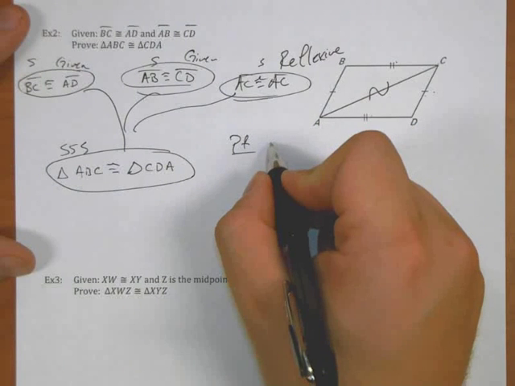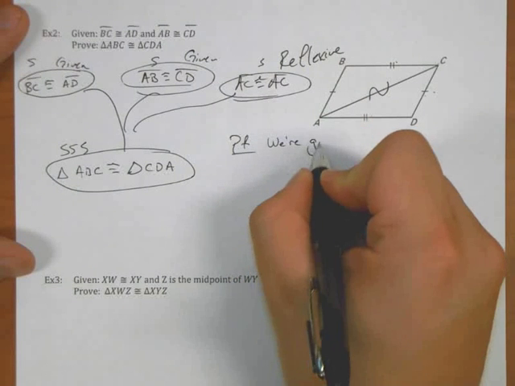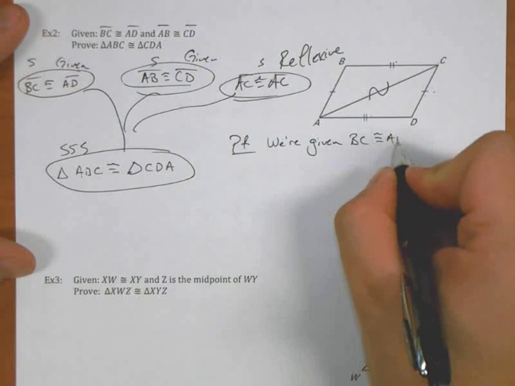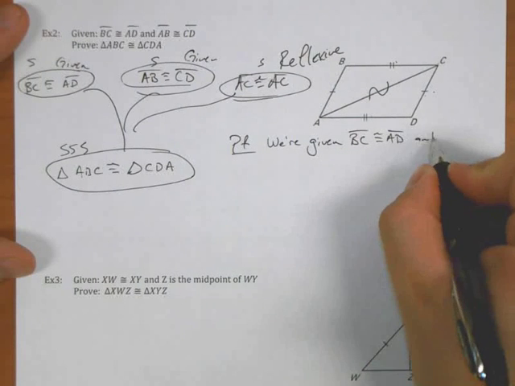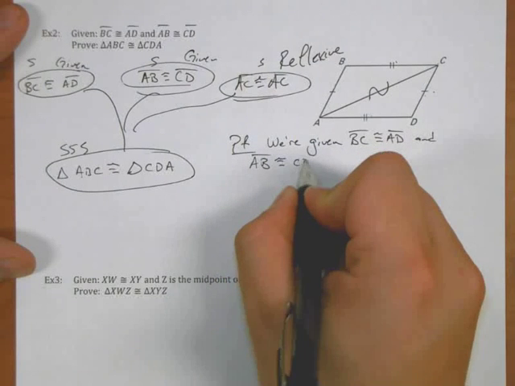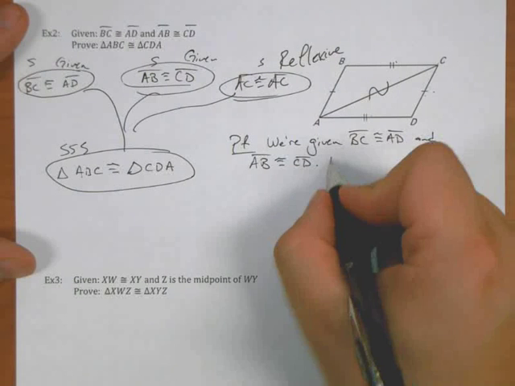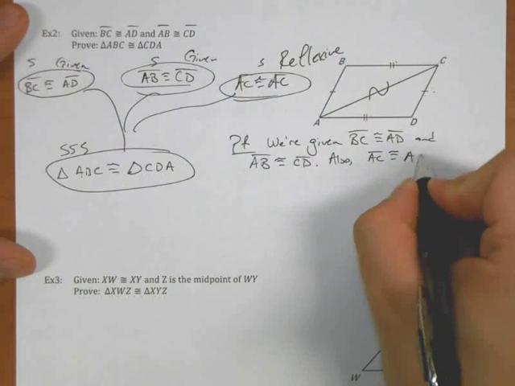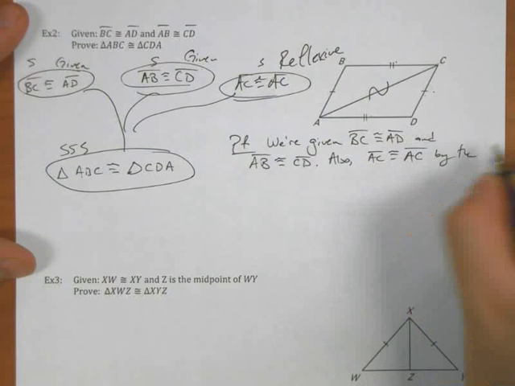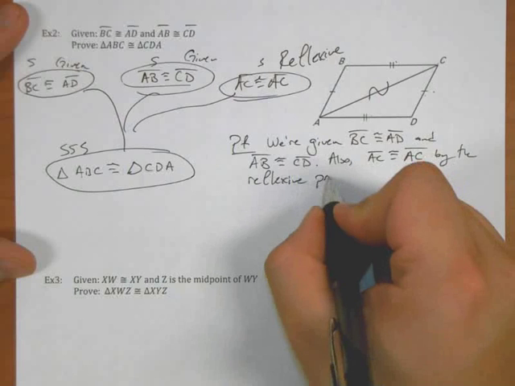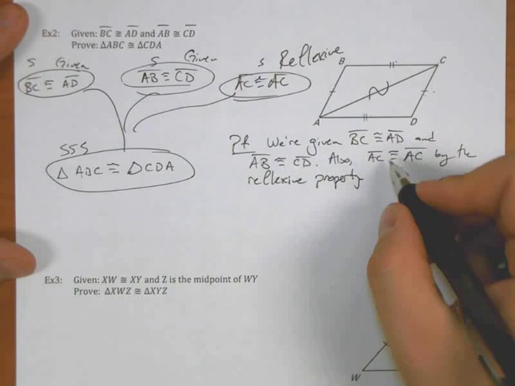So my proof will be in the same vein. So BC is congruent to AD, and AB is congruent to CD. Also, AC is congruent to AC by the reflexive property.